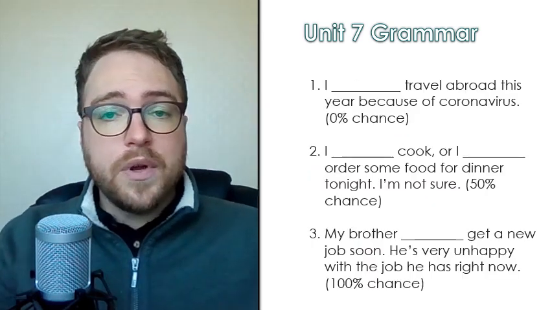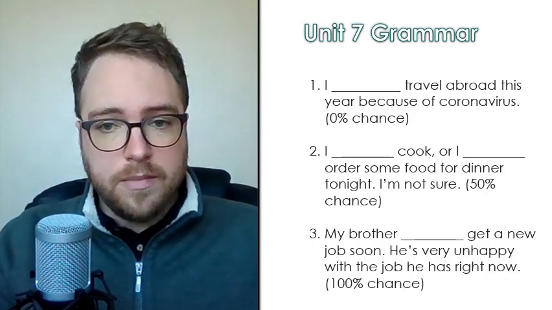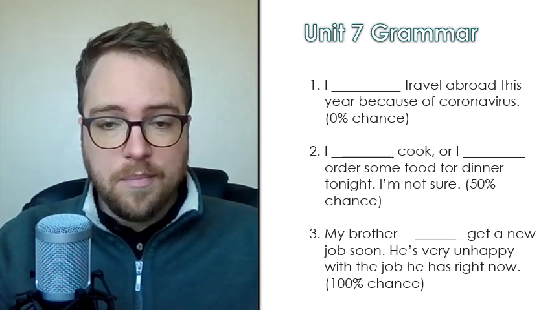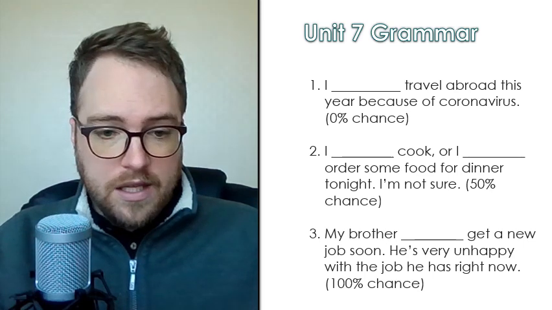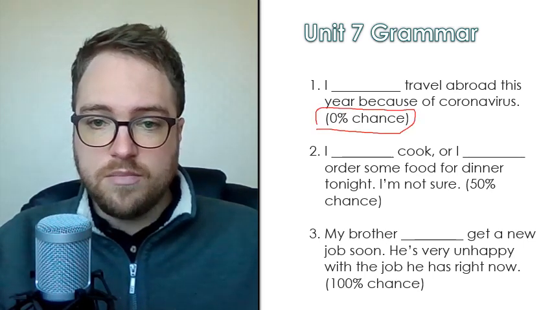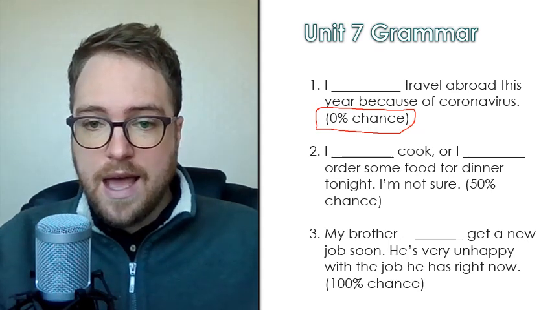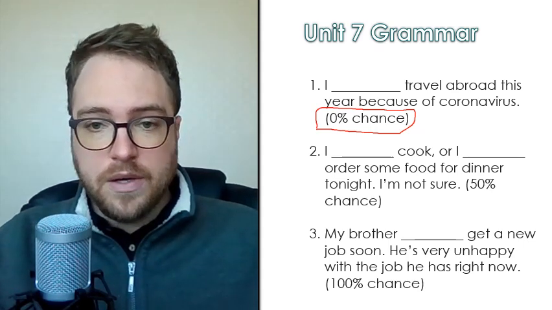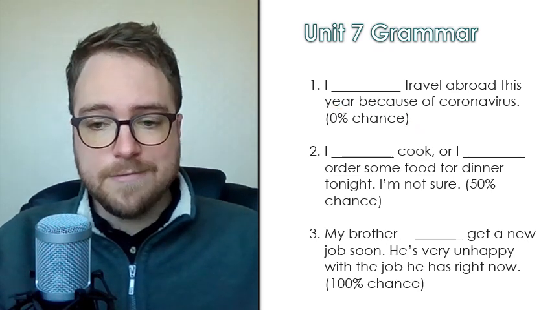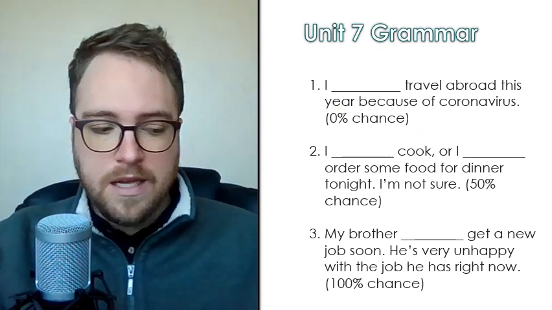All right, and now we're going to, again, have a little bit of practice choosing the correct word. Okay, so look at the sentences here. I give you a chance percentage, okay, after each sentence. So you should choose the correct word based on the chance. All right, let's go.